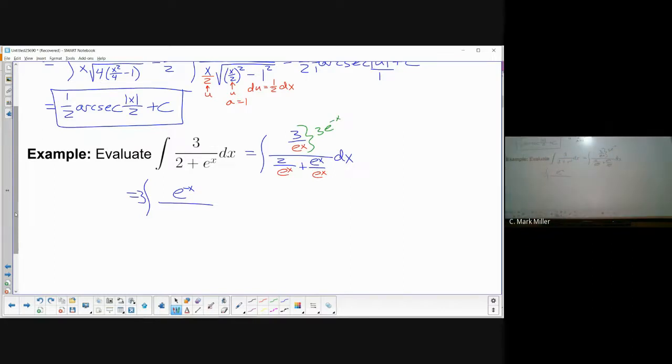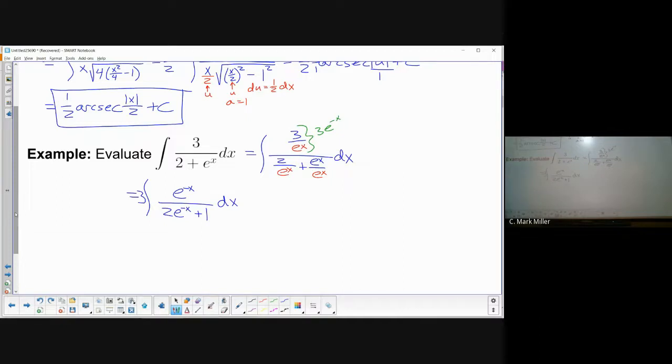So bring the 3 all the way out. This 2 over e to the x is 2 times e to the minus x. And then e to the x divided by e to the x is 1. Does that look any better? No. What's the derivative of the bottom?